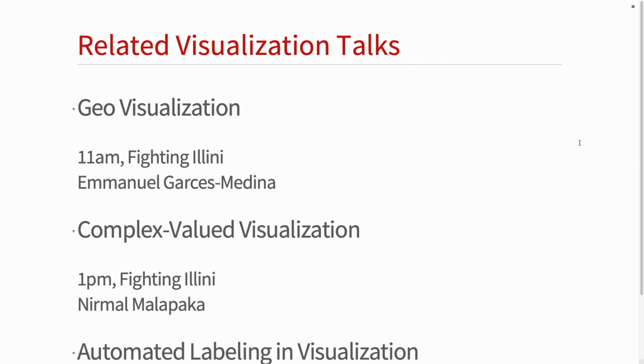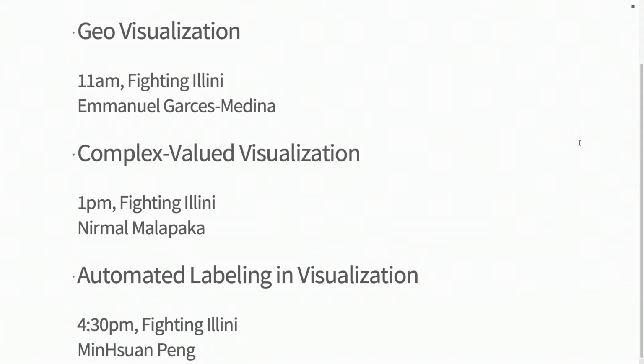So before we get started, I'm going to plug the talks for the rest of my team members. They're all in this room. Emmanuel is going to be speaking about geographic visualization immediately following this talk. Nirmal is going to be talking about complex valued visualization at 1 o'clock after lunch.